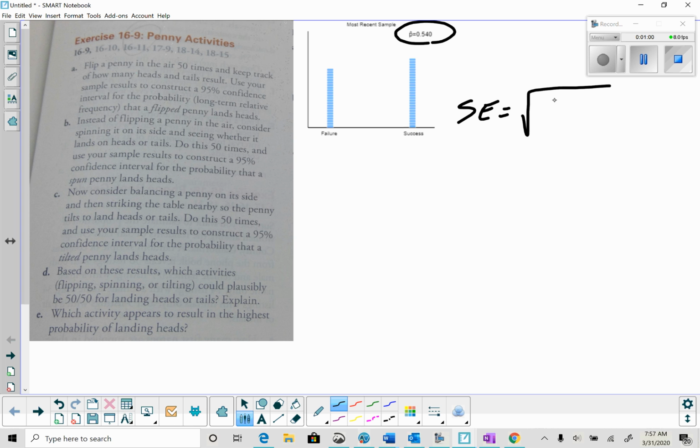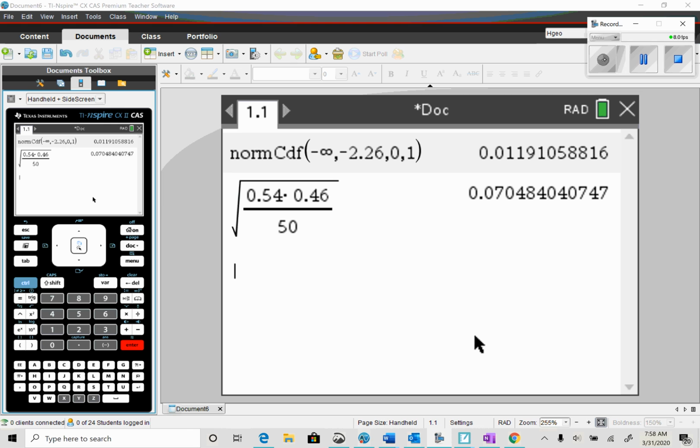So for standard error, I've got to take that and then multiply by 1 minus p hat. So 1 minus 0.54, I hope, gives me 0.46, or I'm more tired than I thought. And then we have to divide by n. Well, in this case, it was 50 pennies.